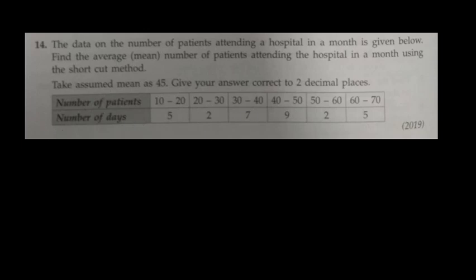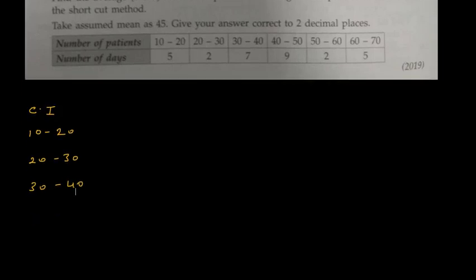So the number of patients, we will say, is the class interval. The class intervals are 10 to 20, 20 to 30, 30 to 40, then 40 to 50, 50 to 60 and 60 to 70.